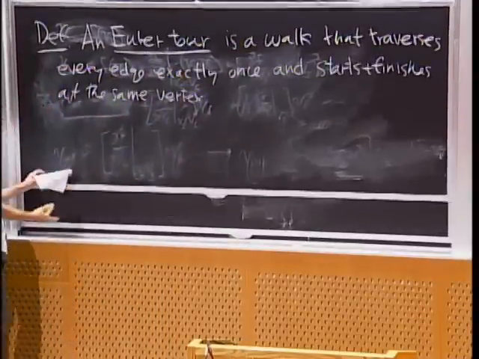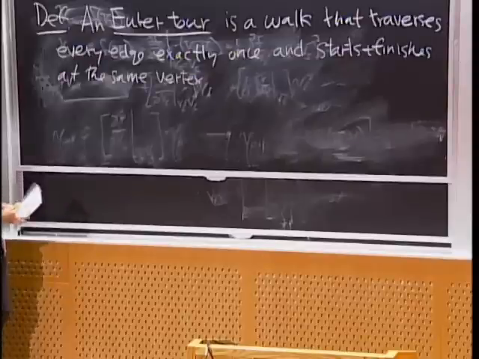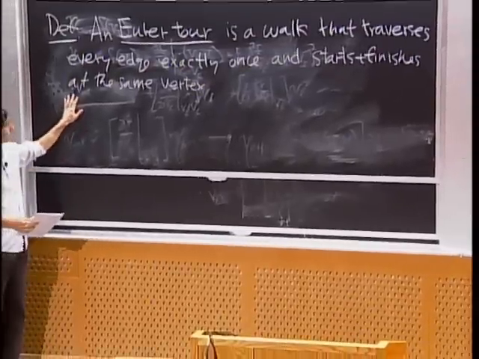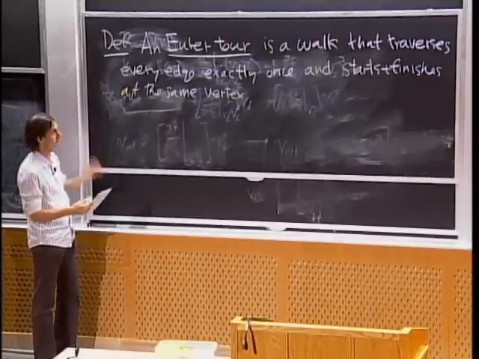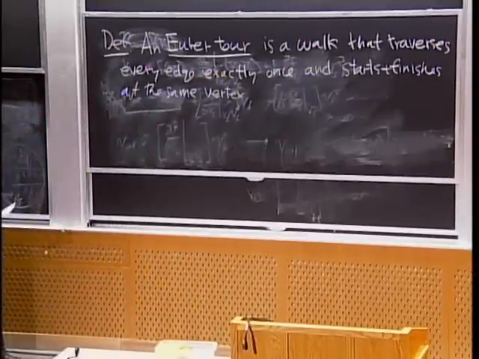Now, it turns out that undirected graphs, the graphs that we've been talking about, those that have Euler tours can be easily characterized. And that's the theorem that we're going to prove next.